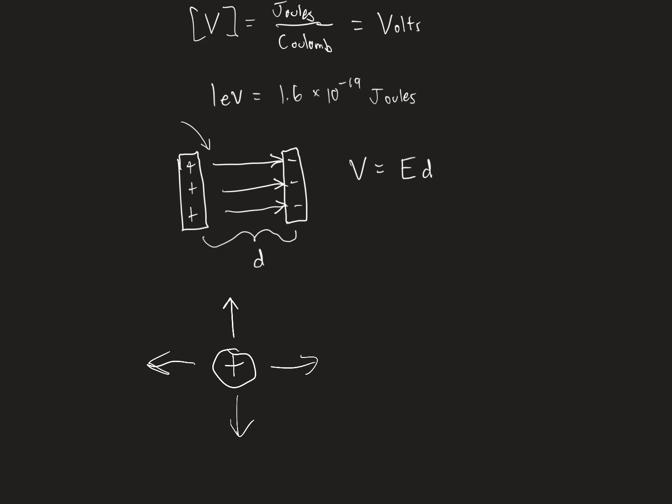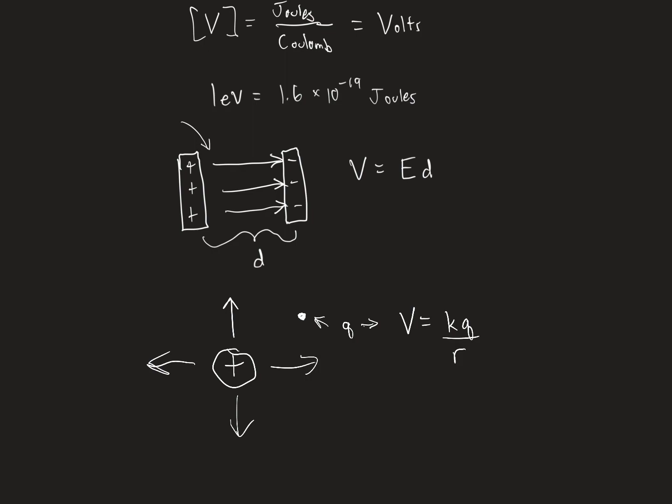So the electric field is pointing away, and what we can do is take a little point charge right here. We'll say that charge has a charge Q, and because it's now sitting in an electric field, it has an electric potential. The electric potential of this point charge is K times Q divided by R.